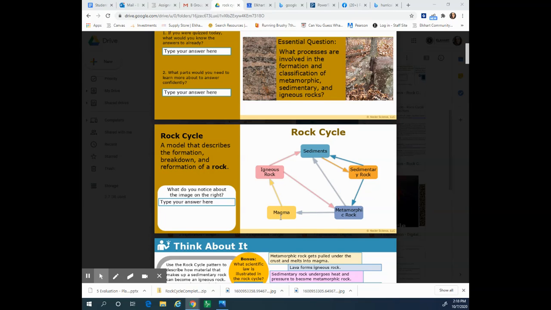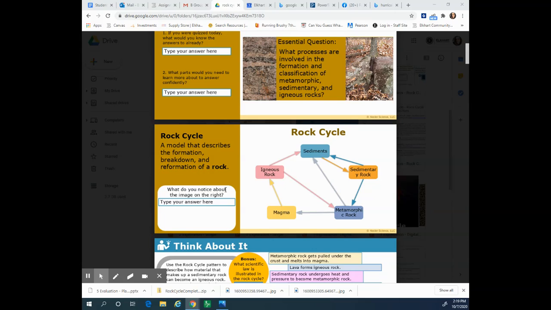You start with magma and it becomes igneous rock, but the igneous rock can become metamorphic rock or sediments, and the sediments can become sedimentary rock, but the sedimentary rock can turn into metamorphic rock or sediments. And then the metamorphic rock, of course, can become sediments or magma.